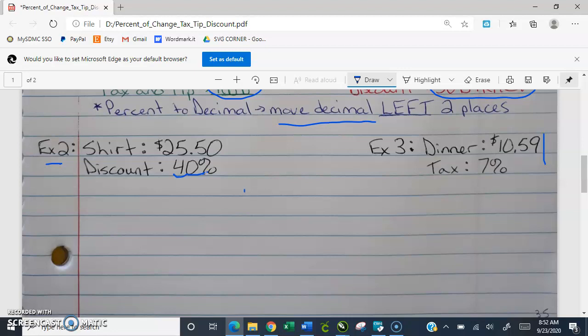So the first thing we want to do is change percent to decimal. The second thing we want to do is multiply the decimal to the original amount.